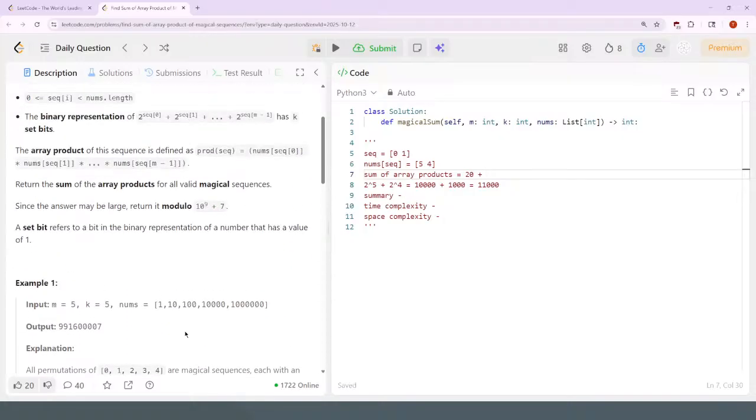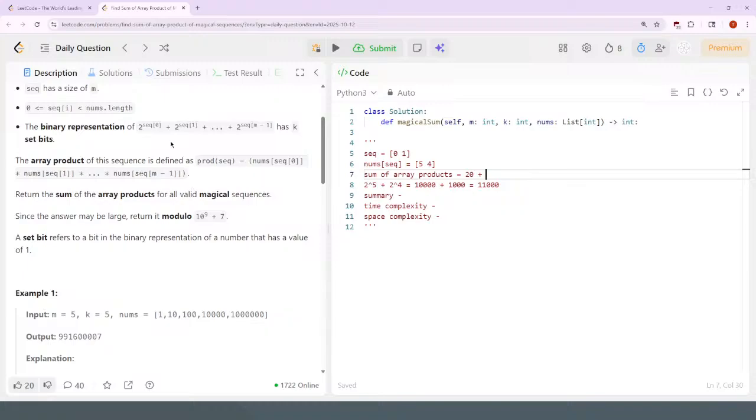0, 2 would mean that this is 2 to the 0 plus 2 to the second, which is 1 plus 4, which is 5, which has 2 set bits in binary.